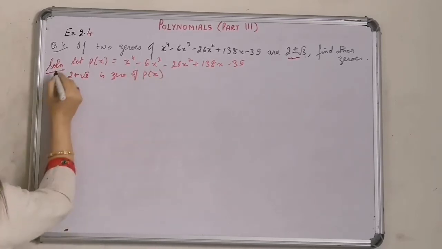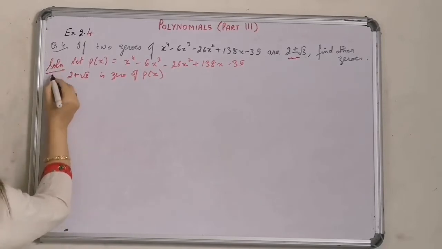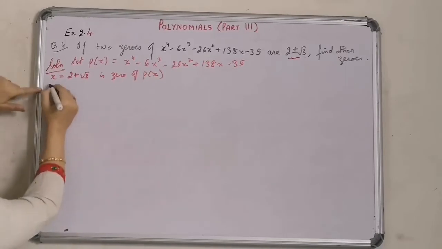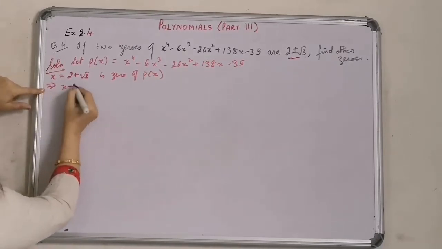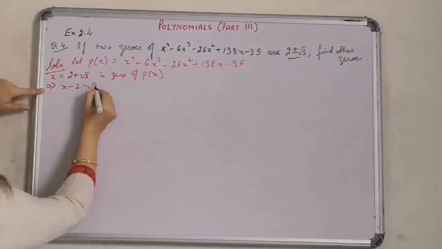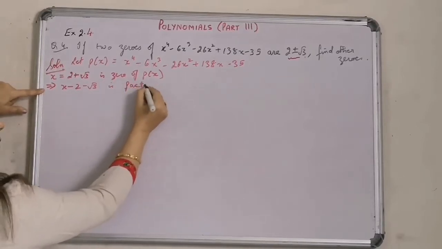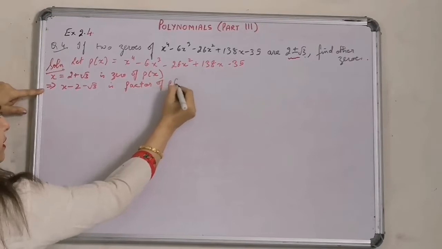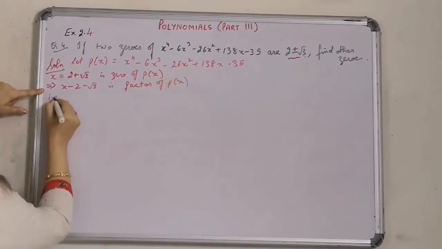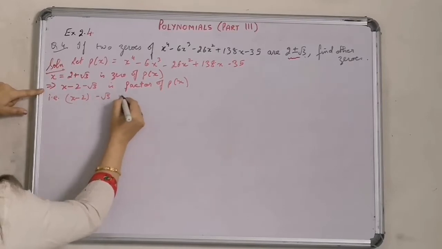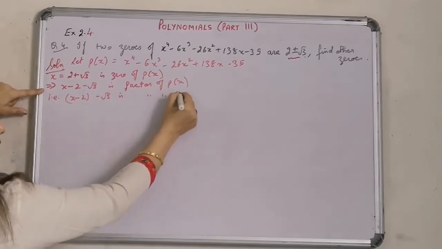This implies, let me pen it down over here, x is equal to 2 plus root 3 is the 0 of px. So this implies x minus 2 minus root 3 is factor of px, that is x minus 2 minus root 3 is factor of px.